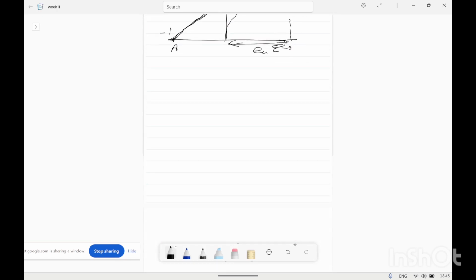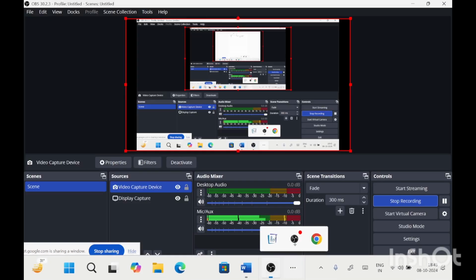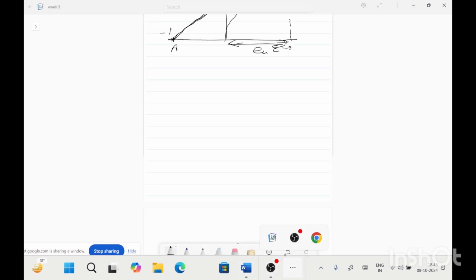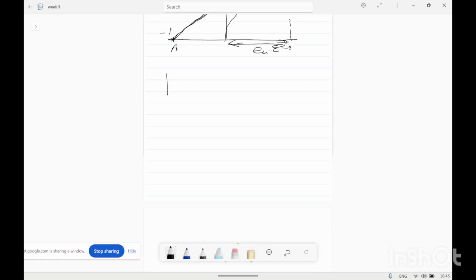So the fracture in ductile metals will happen with a sequential process of generation of voids and then final fracture. So you study the final fracture behavior. Means this is the metal and necking starts at this position.